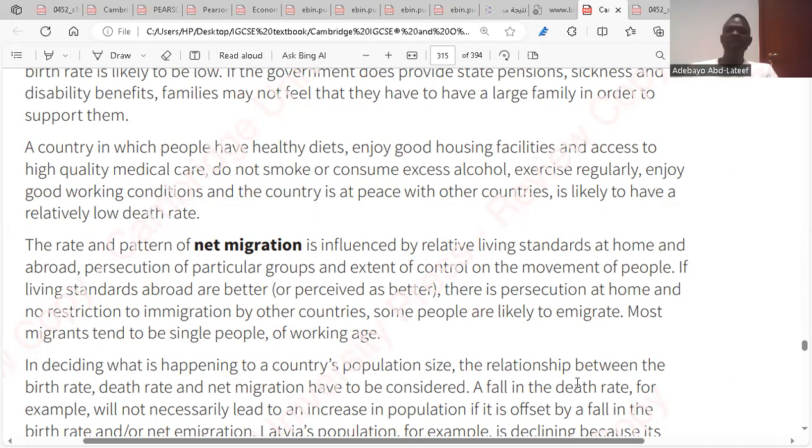So if there's a country where these things have low rates, they have better healthcare facilities, better nutrition, the government is taking care of them, they don't take much alcohol, they exercise regularly, their lifestyle will be good. So as a result of that, there's a tendency to have a low death rate in such a country.